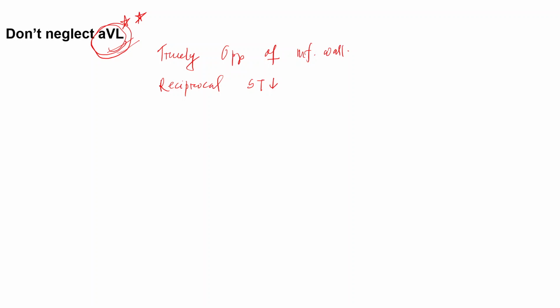Many times what they have seen is patients may present with isolated ST depression in aVL, and they will be found to have occlusion of the inferior wall arteries. I'll be telling what the inferior wall arteries are. There are two arteries. One is RCA, the right coronary artery. Another one is LCX. Both can be involved in case of inferior wall MI.